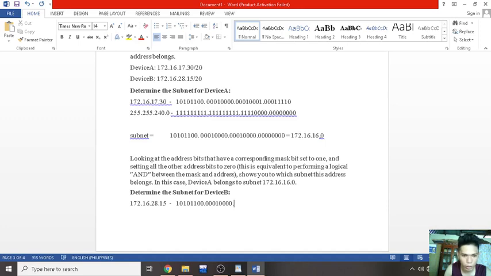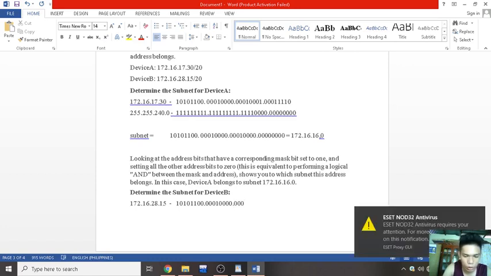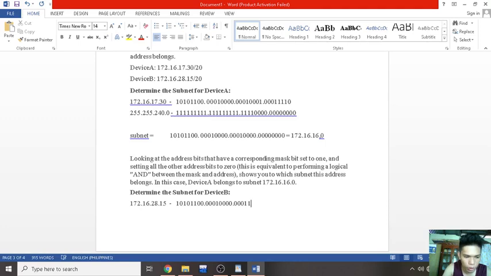Then 28, so we will identify the number 28: 0 0 0 1 1 1 and then the rest will be 0.